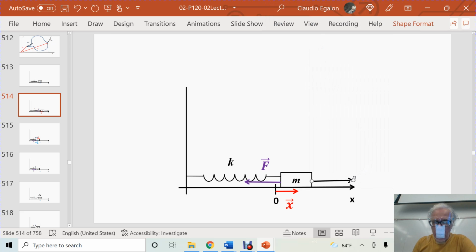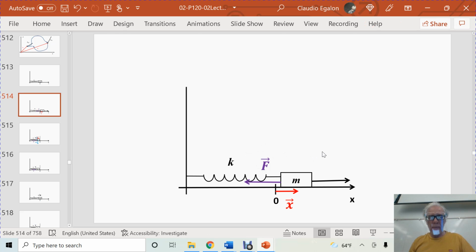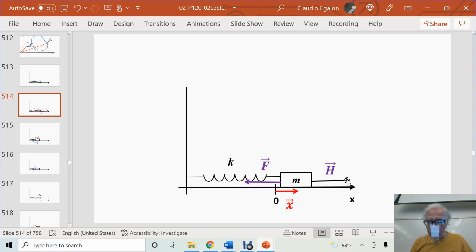Here you go. And I'm gonna label it my hand. Force of the hand. And I'm gonna put H to denote it's my hand. Here. The force should be a little bit better, right?